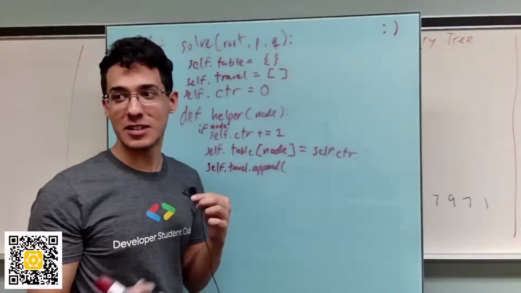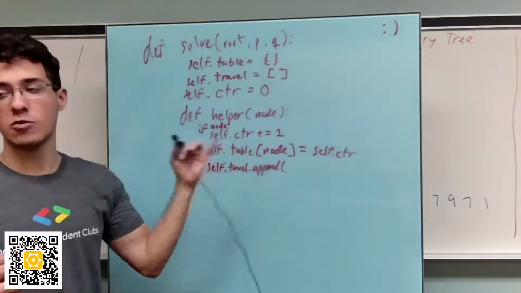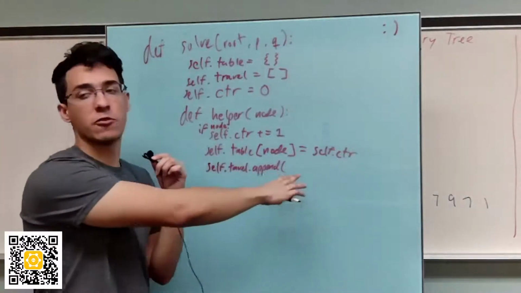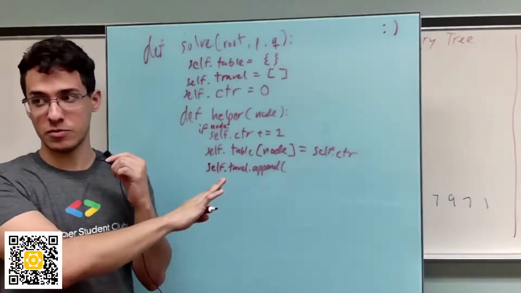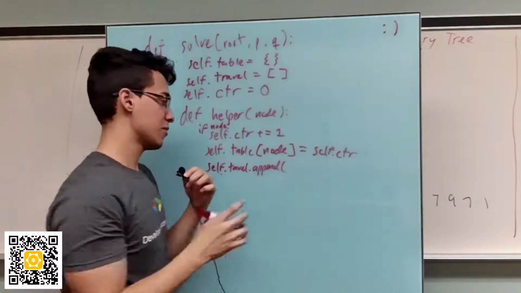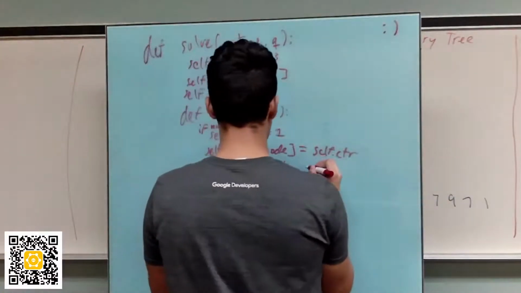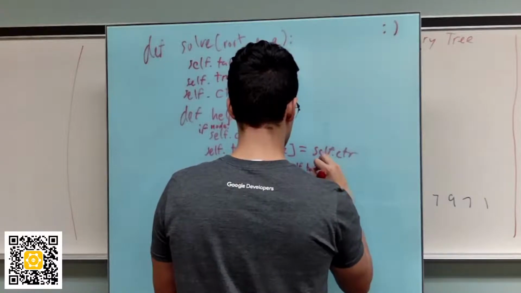I was thinking of taking the key. Well, the key is going to be the node, right? And it's going to be what counter was the first time we saw that node. So that's what we want to put in the travel, right? The address, the point at which we saw it. So this would actually be self.table.